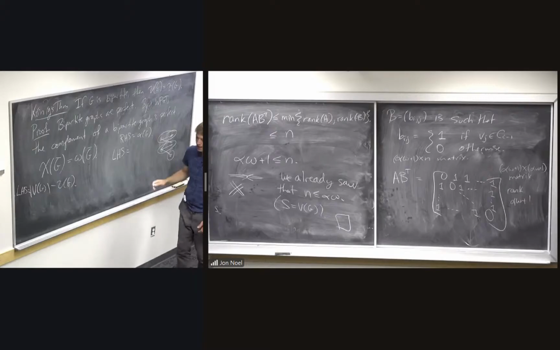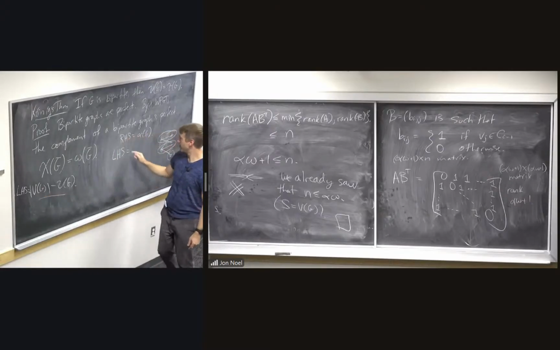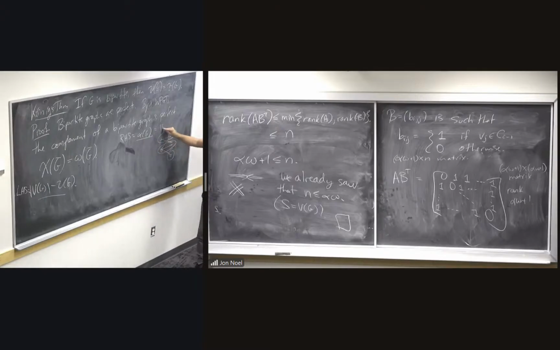Because basically every vertex has to be its own color class, except if you have a big matching, you can reduce the number of color classes by that number, right? Every edge in the matching, you could make a color class of size 2. Okay, so the left-hand side is this. The right-hand side is alpha of G, but alpha of G is the number of vertices minus the vertex cover number.